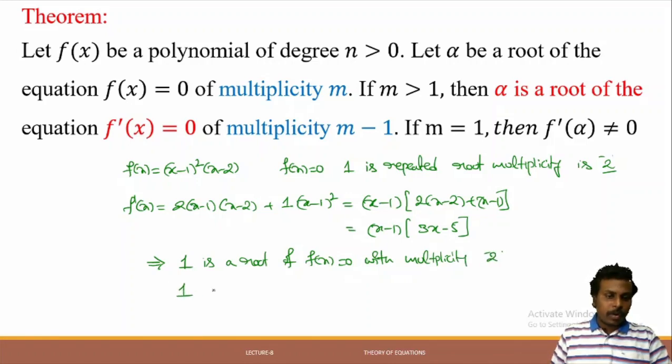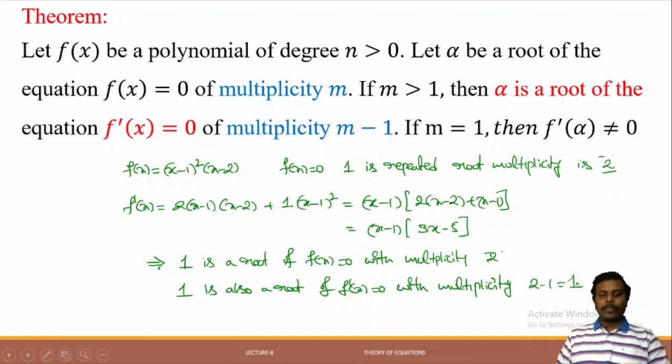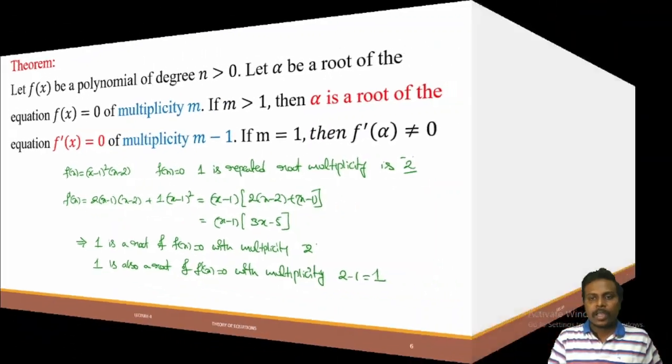Now 1 is also a root of f dash x is equal to 0, but with the multiplicity 2 minus 1, that is equal to 1. Okay, hope you have understood this with this example. Let us prove this theorem now.